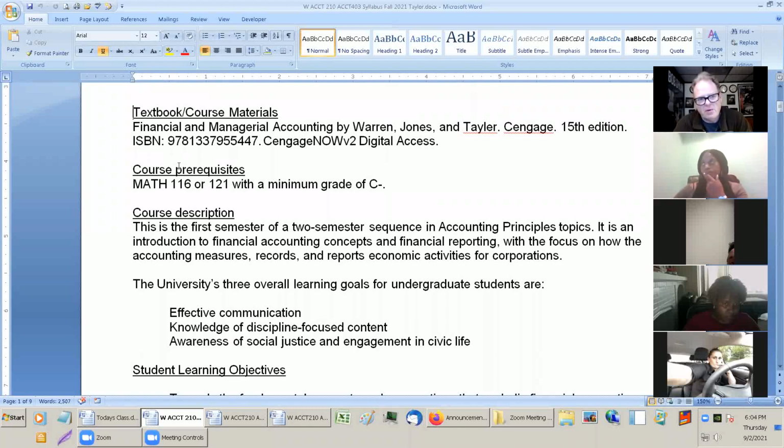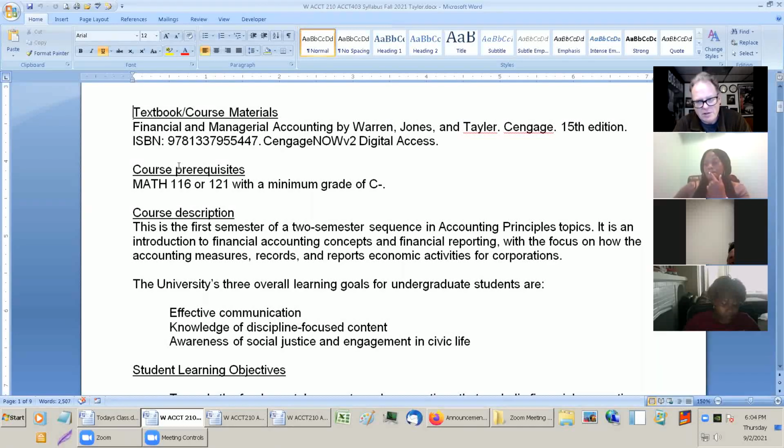The only caveat I'll give you is that this same textbook is used for accounting 211. So if in 211 you have a teacher that relies heavily on the textbook materials, you may have to get the access code. You can usually get it cheaper than the bookstore through the link in Blackboard.